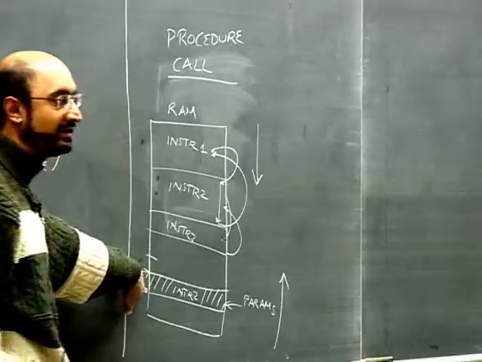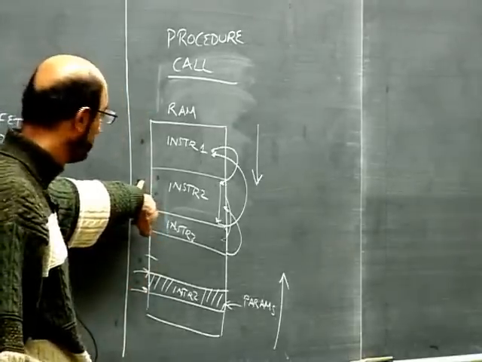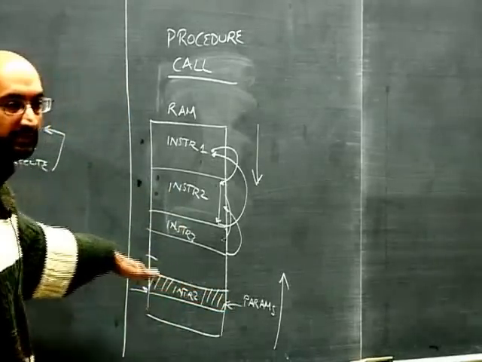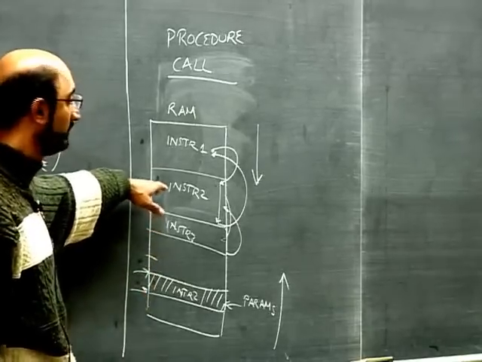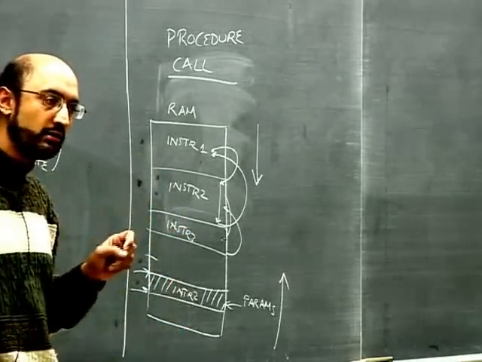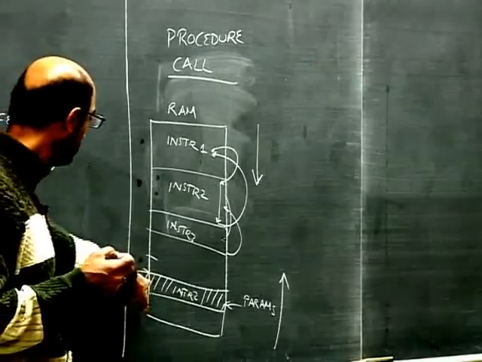This shaded area belongs to it. We put some things on it as parameters, but the rest of it belongs to this one, and any memory variables that are local to that procedure belong over here.